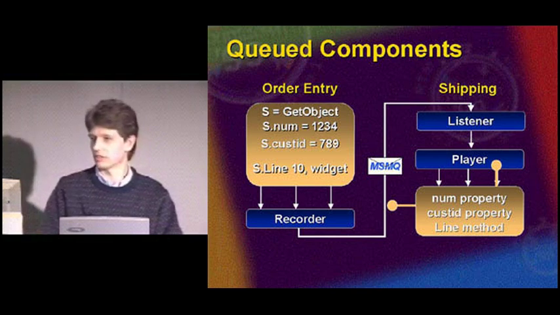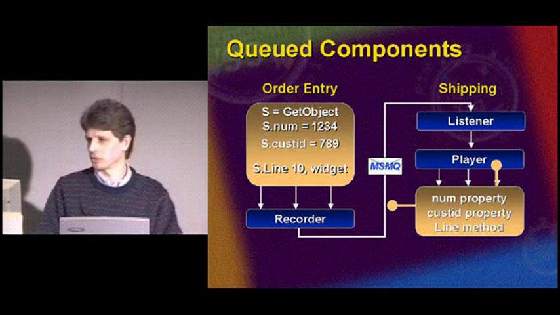And at the server end, queued components provides a listener. What the listener does is it picks off the messages from the message queue, and it then passes that message off to a number of players, and there are a number of threads which are created, each of which contains a player.